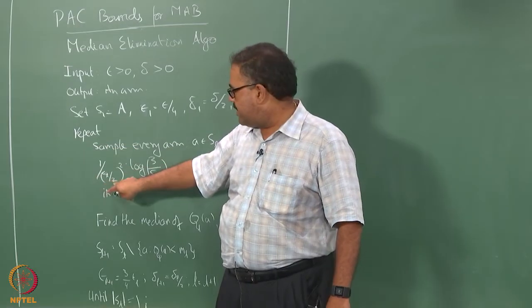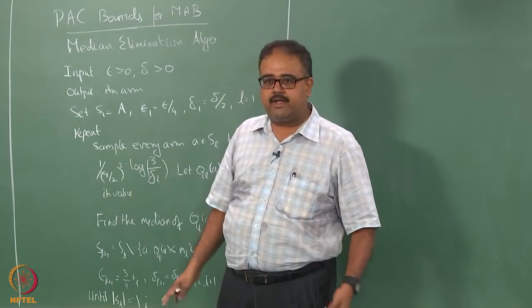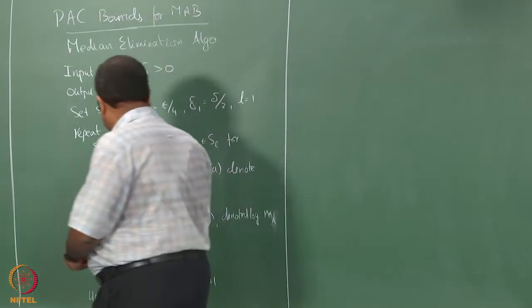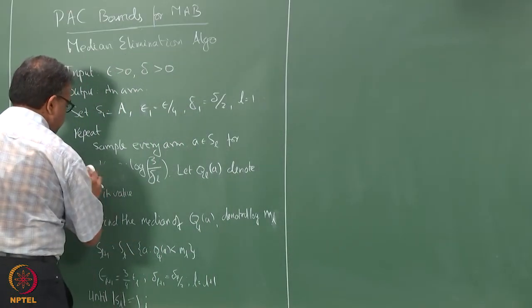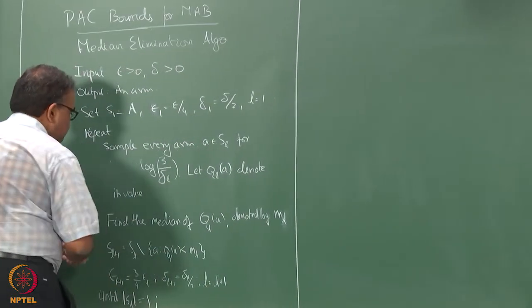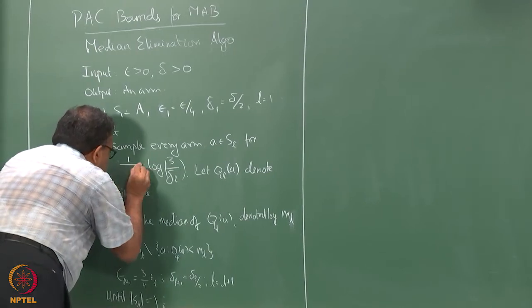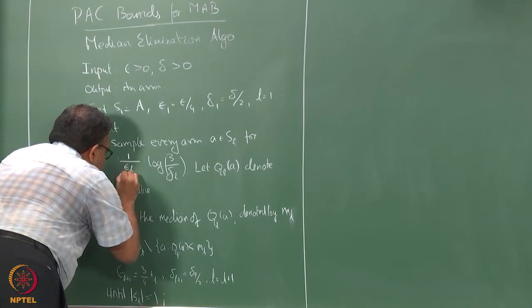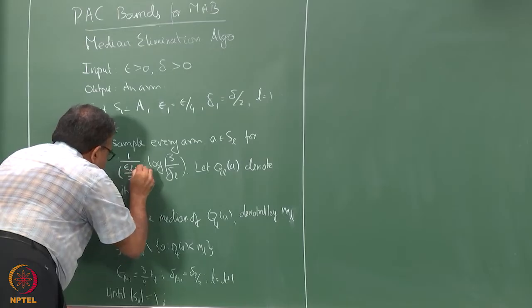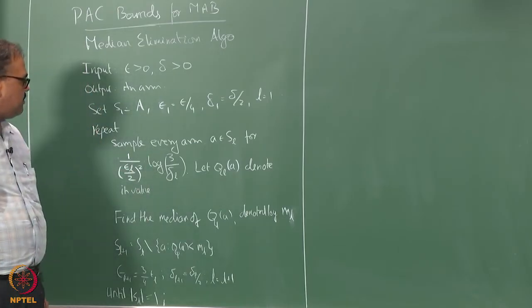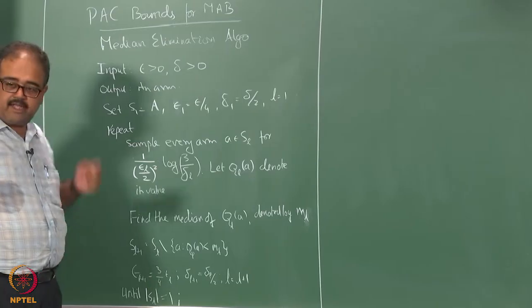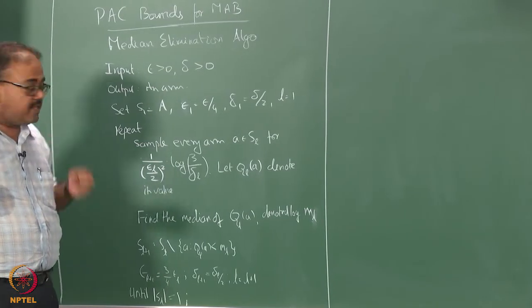It's 1 by (epsilon_l by 2) the whole squared, times log 3 by delta_l.